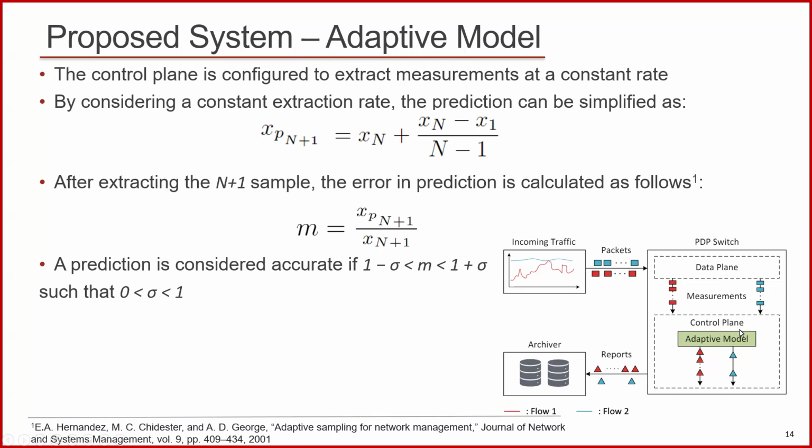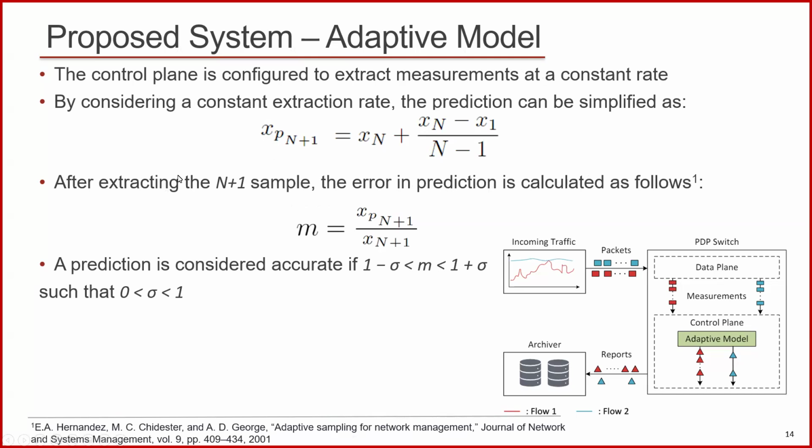It's considering all the observed data points extracted from the data plane. So this greatly enhances the accuracy of the model, as we'll be seeing in the results section. The control plane is configured to extract measurements at a constant rate. By considering a constant extraction rate, the formula to calculate the predicted value will be simplified as follows.